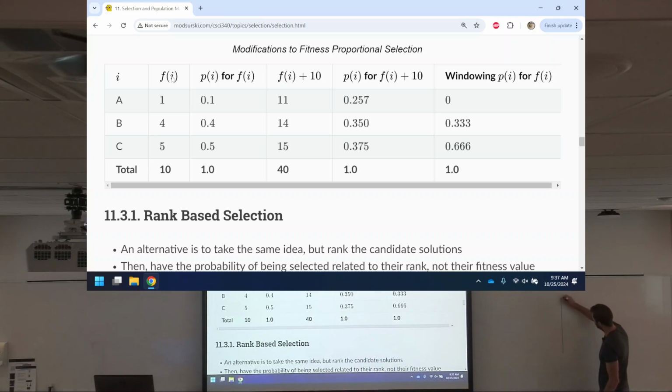So here, this sums up to 1.0. And so here we have chromosome C, B, 0.4, and here we have chromosome A. Does that make sense so far?